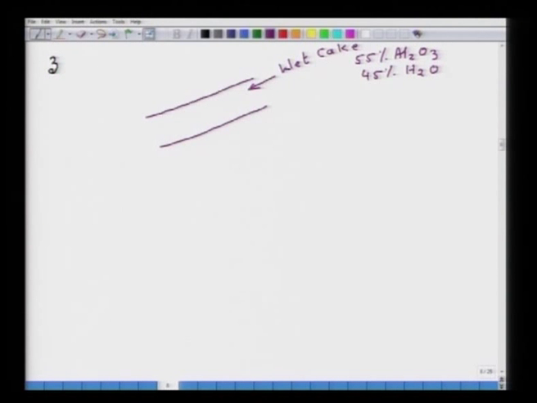Now, this H2O is, mind you, chemically combined and it enters at 298 Kelvin. I always prefer to write all the details of the problem on this material balance figure.